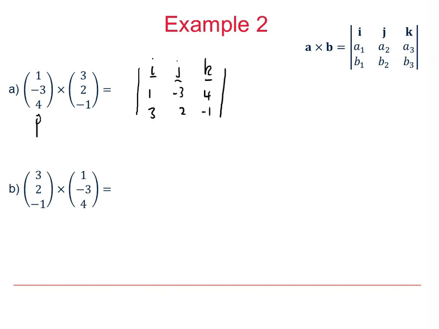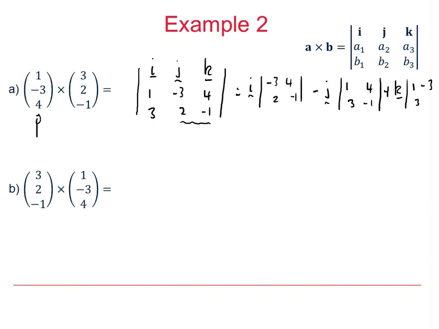And then it is just a case of calculating the values of that, so that it is I multiplied by the determinant of negative 3, 4, 2, negative 1, so that comes from this block here. Then minus J multiplied by the first and the third column, so 1, 4, 3, negative 1, and plus K multiplied by the first two, which is 1, negative 3, 3, and 2.